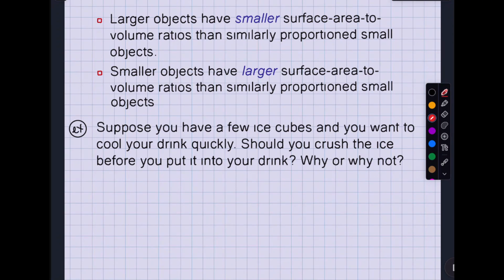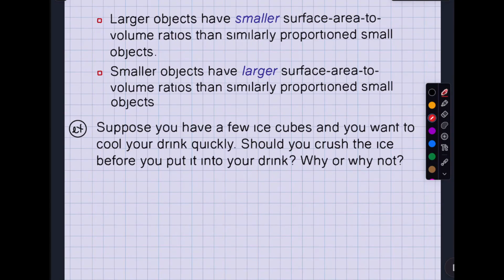So if you're trying to cool something quickly, do you want crushed ice or large pieces of ice? Crushed ice? Why? Why does crushed ice melt faster? You're actually exposing the ice to more area, surface area. Does that make sense? Right?